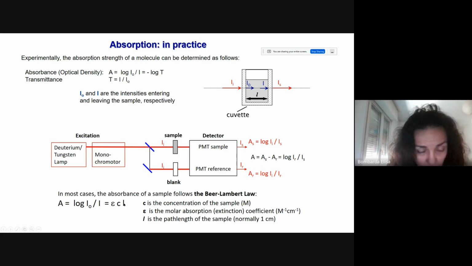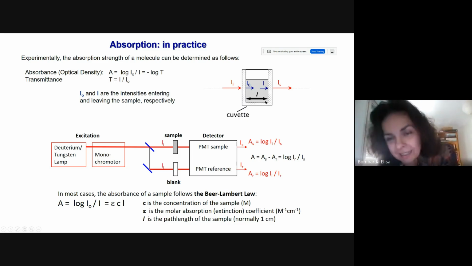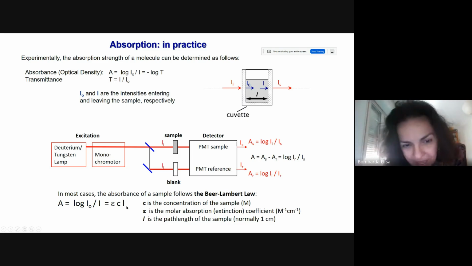Of course, we have to take care about the path length of the sample, which is normally 1 centimeter, which is really the dimension of the cuvette inside. So it's really the path done by the light in the solution.